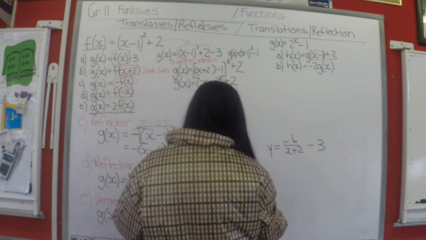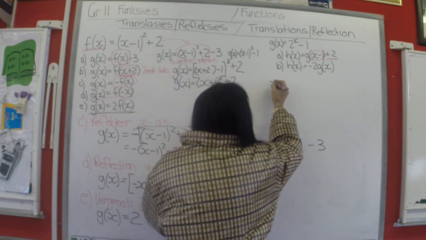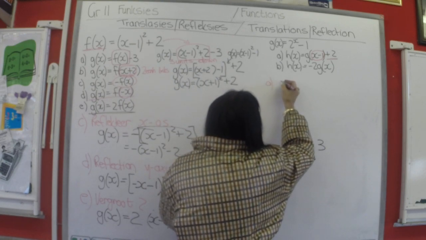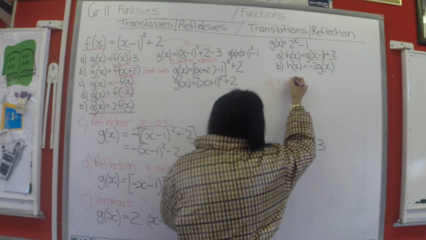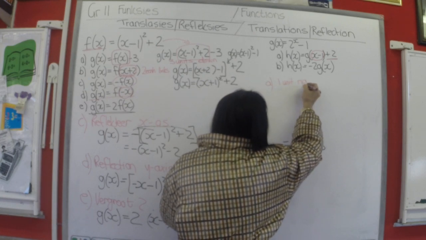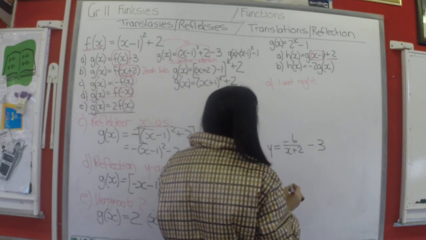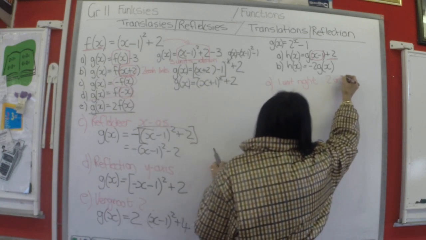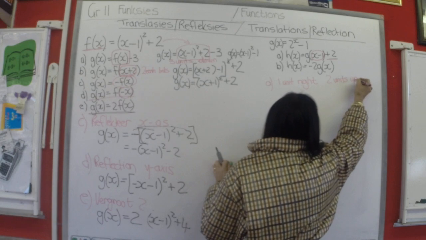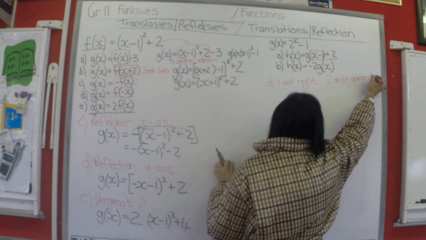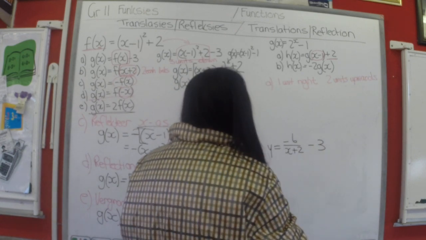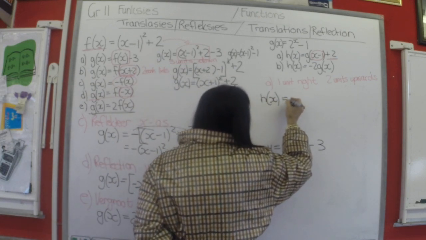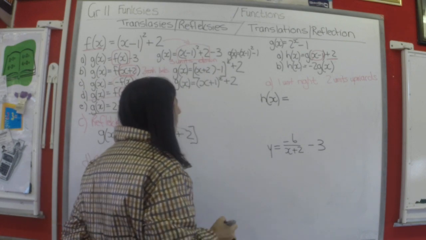As ek dit in woorde sê, dan kan ek sê, I shifted g 1 unit to the right. Nee, minus 1 vir P is 1 eenheid regs, and 2 units upwards. Okay, that's in words. Now, let's create hx, a new equation, the new function.